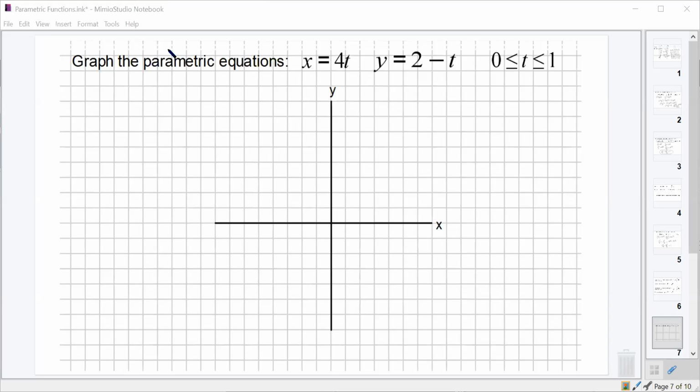Sorry about that. All right. So you guys get a graph of this one or no? You guys graph this or not? Working on it. Okay.